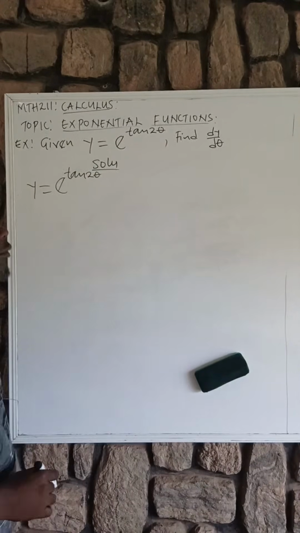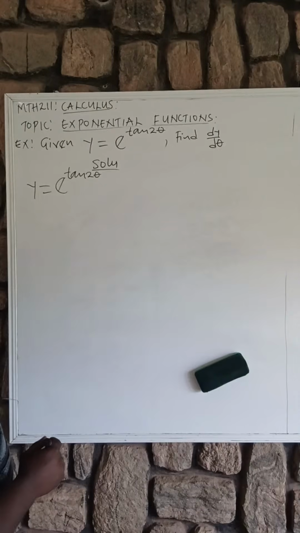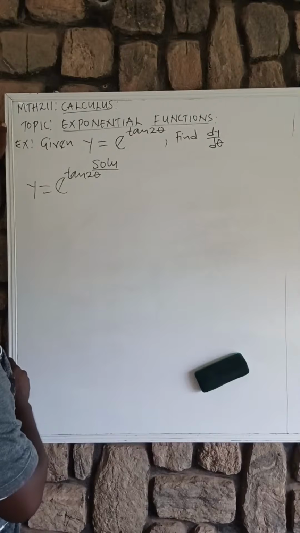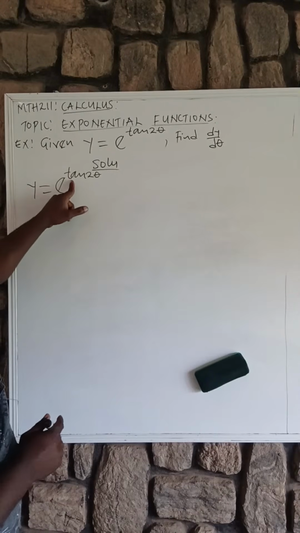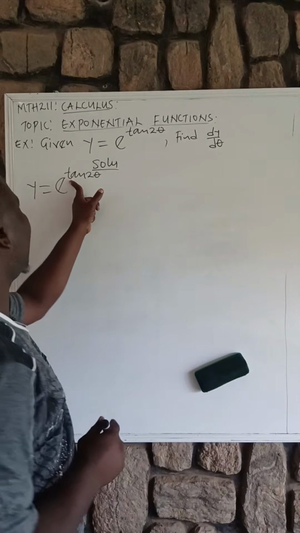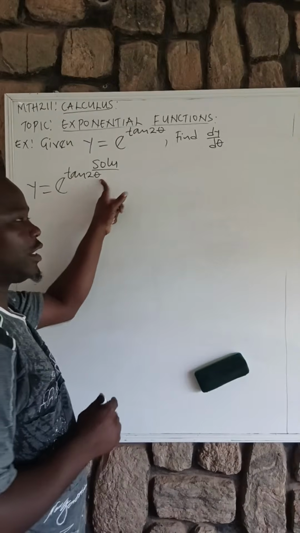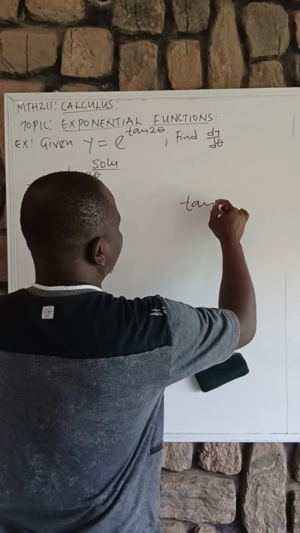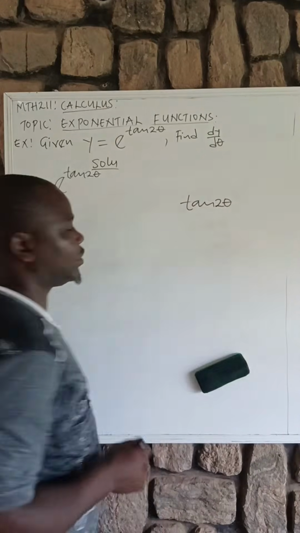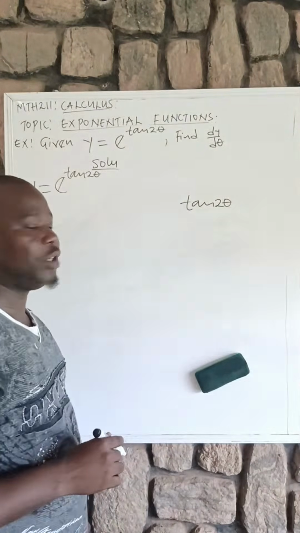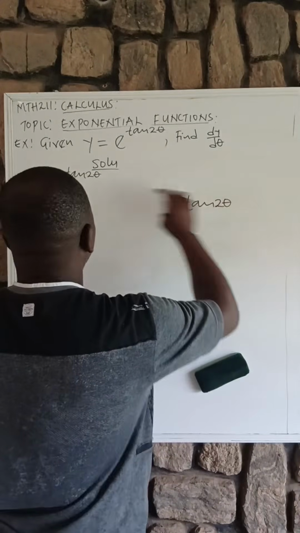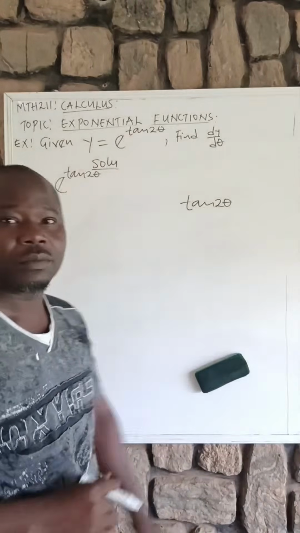If you can see what I am saying, you don't need a prophet to tell you. After the exponential, what do you have? Tan 2 theta. So what you need to do is, within, differentiate tan 2 theta, in your rough work, then any answer, use it to multiply this function.